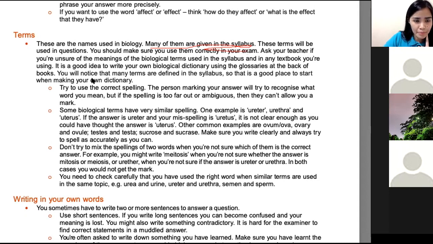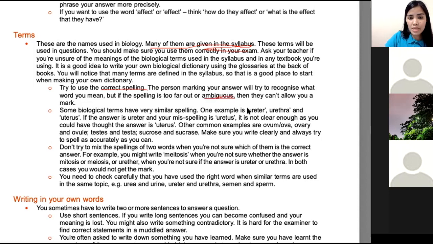And then try to use the correct spelling. If the spelling is really far from the correct spelling, it's ambiguous, then you probably will not get a mark. But if I can consider the spelling, that's okay. But then again, this is also very important.